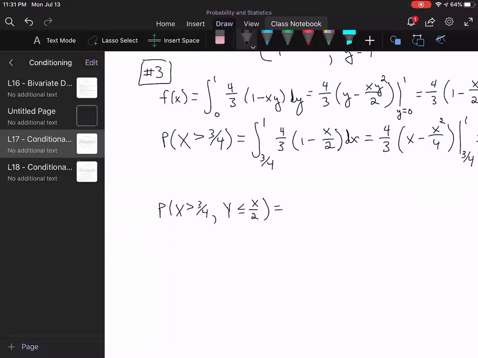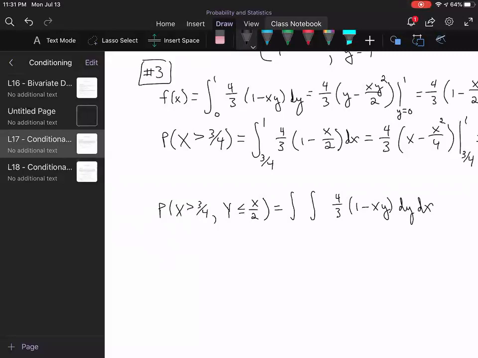So this is a double integral of 4/3 (1 minus xy). I'm going to integrate with respect to y first, because y's support is dependent on x based on what's in this probability statement.